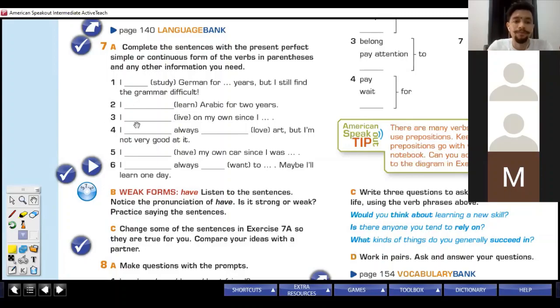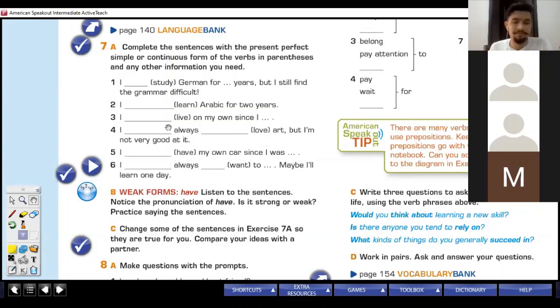Now, number 3, I have been living on my own since I was 18 years old. All right, I have lived on my own since I was 18 years old, or I have been living on my own since I was 18 years old. So yes, with the word live, you can use both present perfect or present perfect continuous.